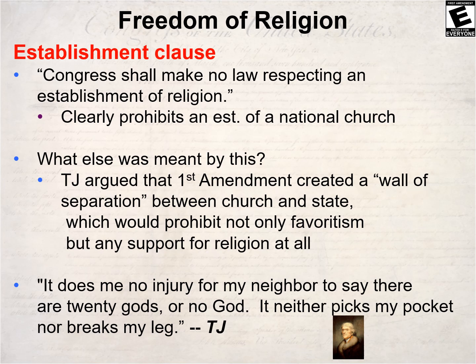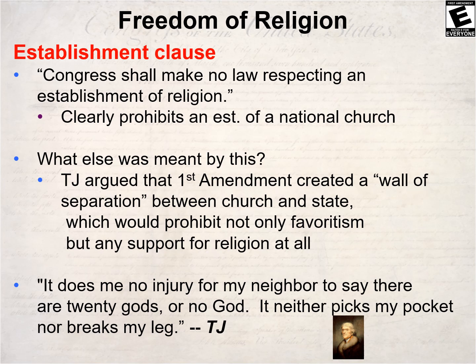Again, it says Congress shall make no law respecting an establishment of religion. So this very clearly says that we cannot have a national church of the United States of America. Are there countries that have churches? Oh yes, there are. The Church of England, the Anglican Church, that's one.